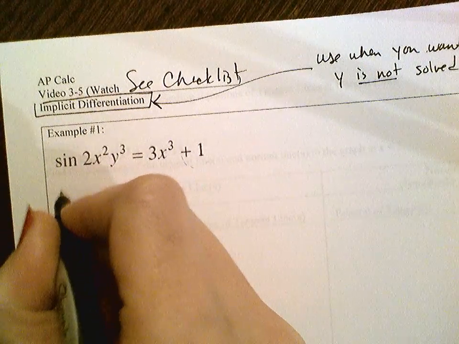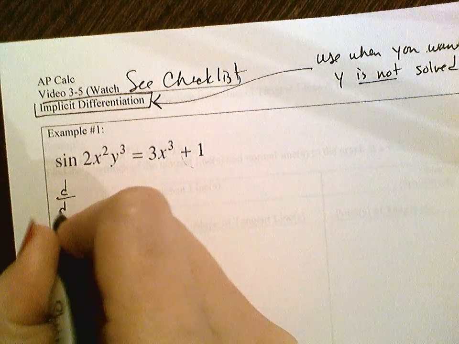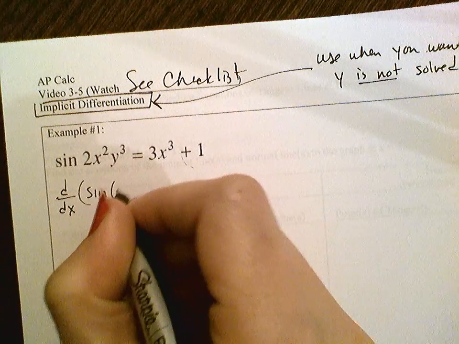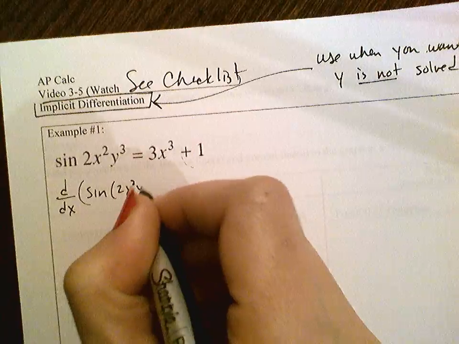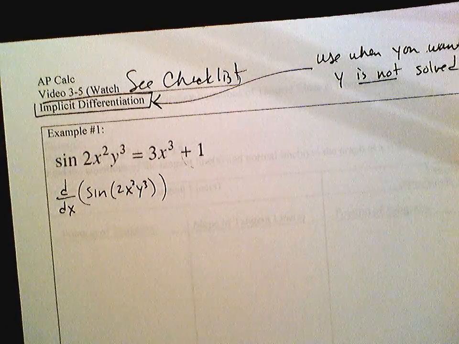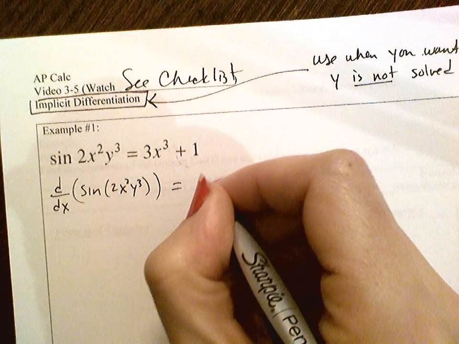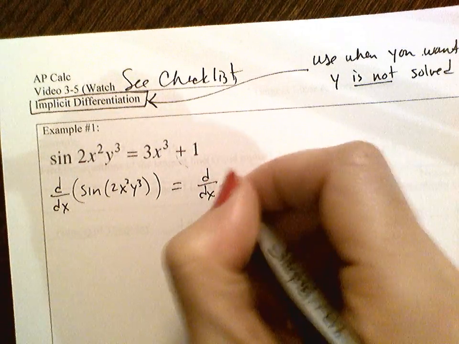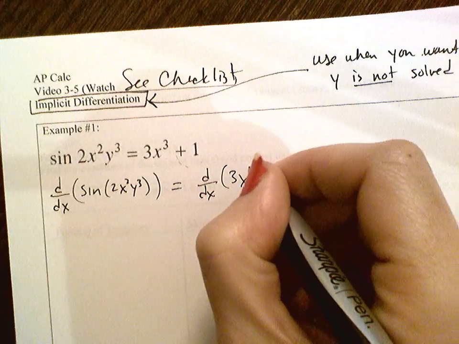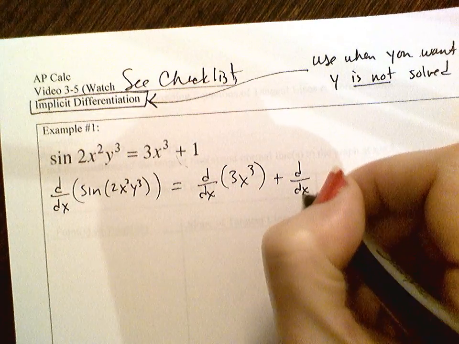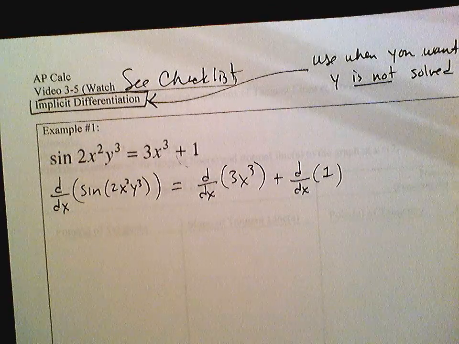So I'm going to go like this first. I'm getting ready to do the derivative of every single term. So I haven't changed anything except I put a d dx in front of that, equals d dx of 3x to the third, plus d dx of 1.